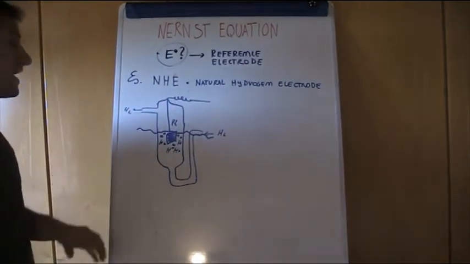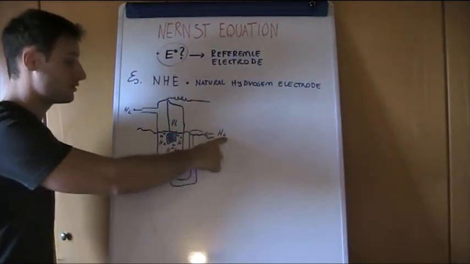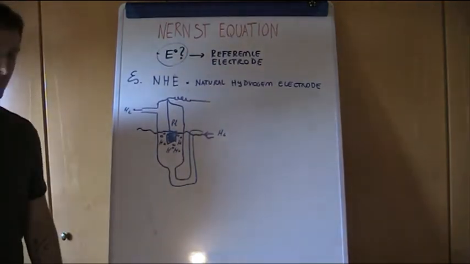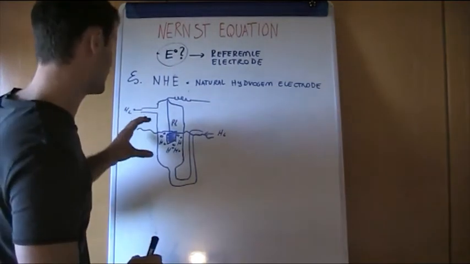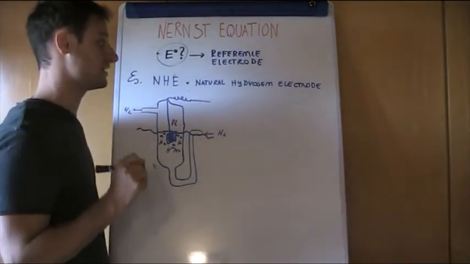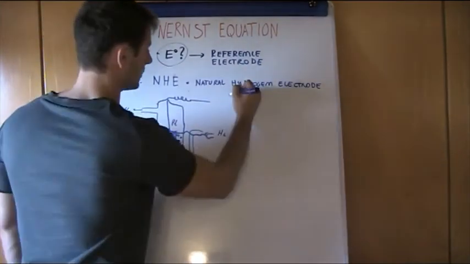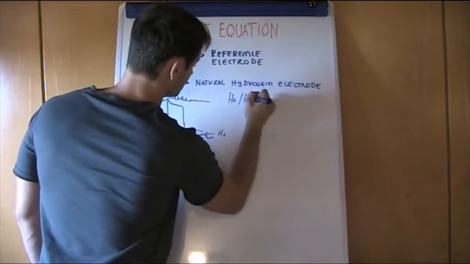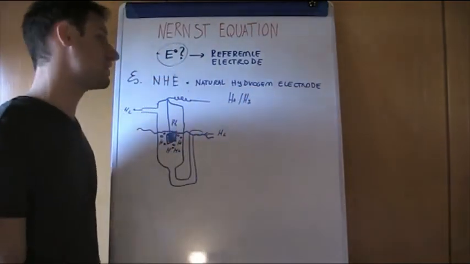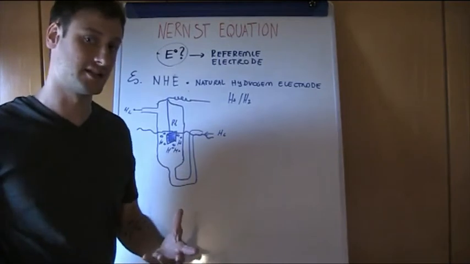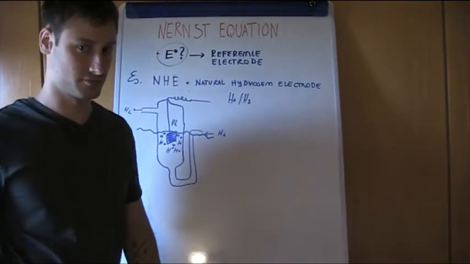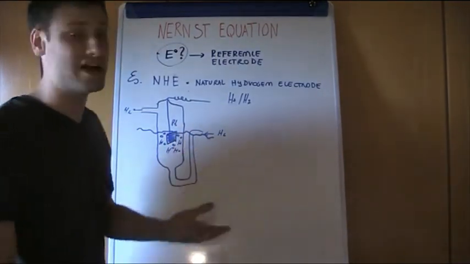Why do we have molecular hydrogen and H+? Because this electrode is based on a specific semi-reaction, a specific redox couple, and this redox couple is H+, H2. Each single electrode is basically based on a redox reaction, exactly as a conventional electrode.